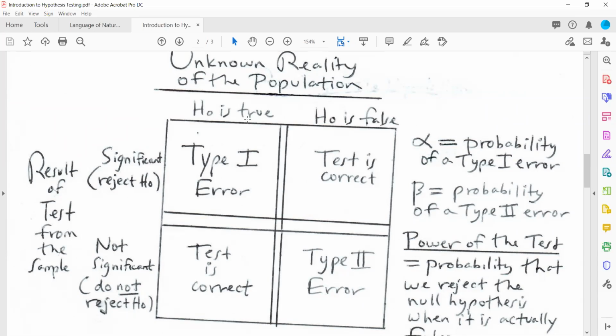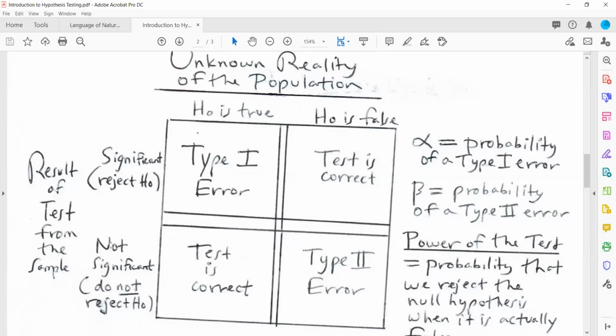That's called a type 1 error. So a type 1 error is when we reject the null hypothesis when the null hypothesis is actually true. Now, if we reject the null hypothesis and it's actually false, we've made a correct decision, because when we reject the null hypothesis, we're accepting the alternative hypothesis. So the test was correct in that case.